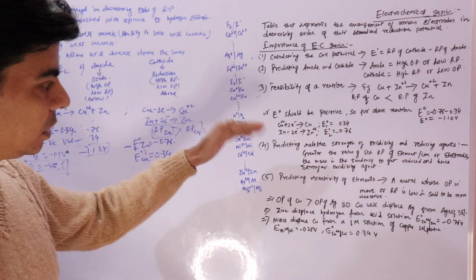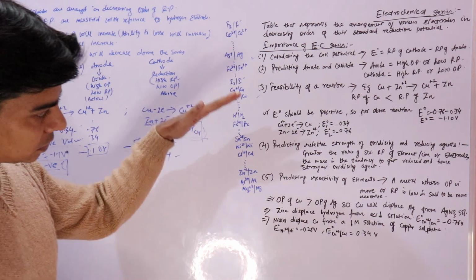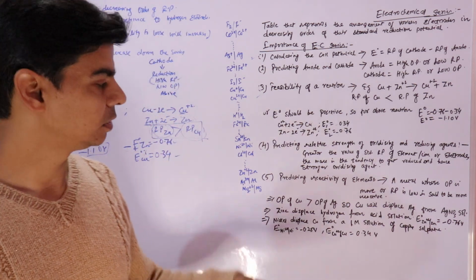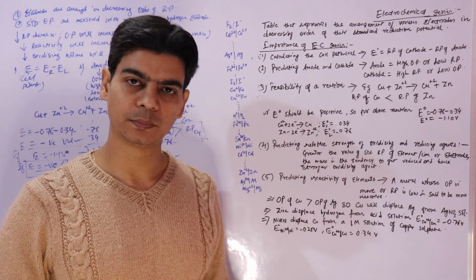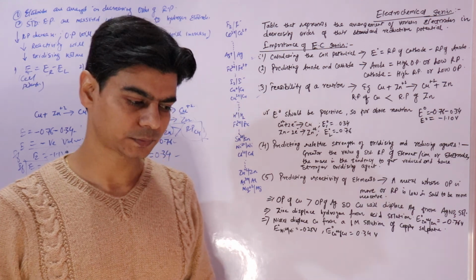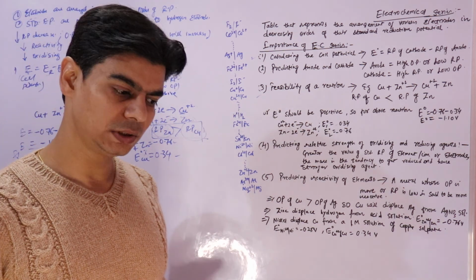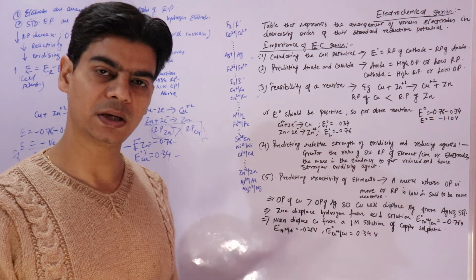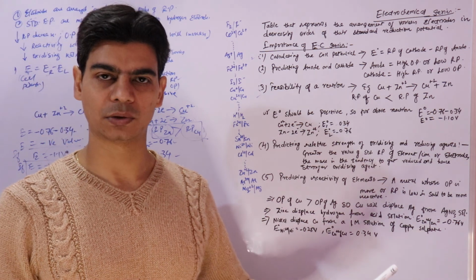And if we talk in terms of reducing agents, lower is the value of reduction potential as you move down the series. A lower value of reduction potential means a higher value of oxidation potential. Oxidation potential means ability to lose electrons.